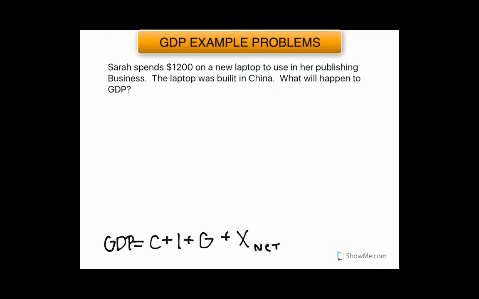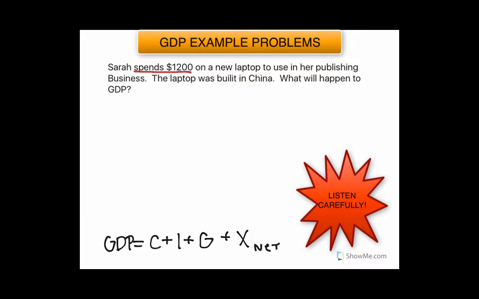As we move to the second example, I've already put the equation for GDP down here at the bottom. Sarah spends $1,200 on a new laptop to use in her publishing business. The laptop was built in China. What will happen to GDP? All right, well, if she's spending $1,200, we might think that, like in that previous example where we were spending money and it was counting as consumption, this $1,200 would be Sarah's consumption.